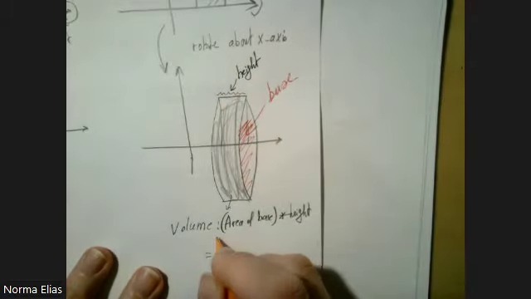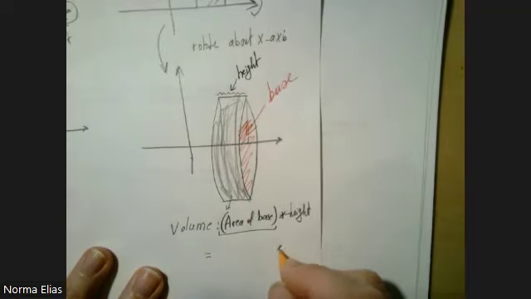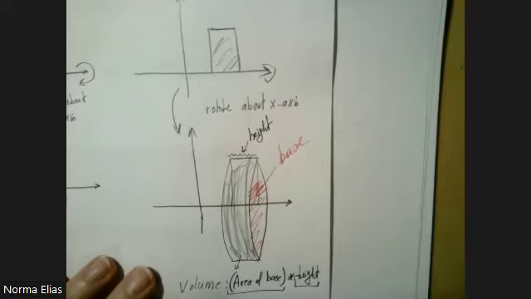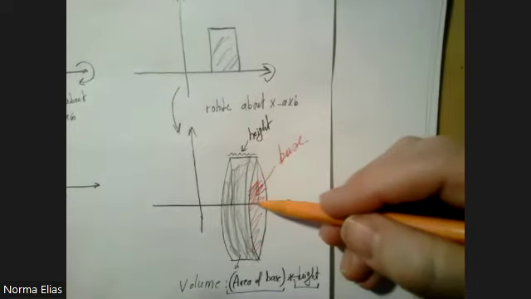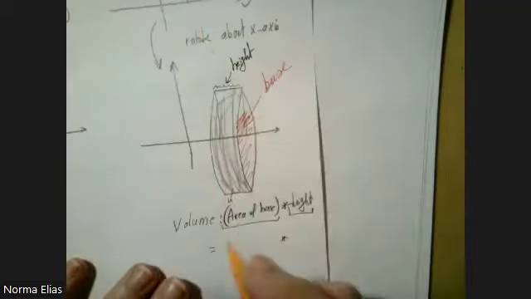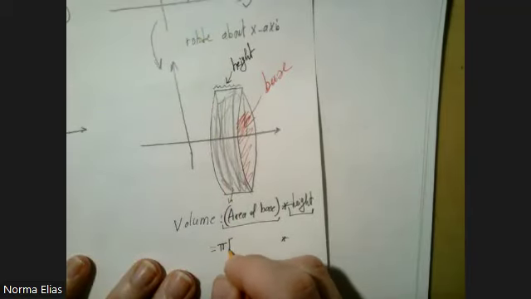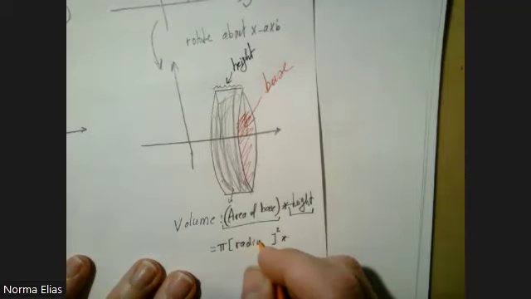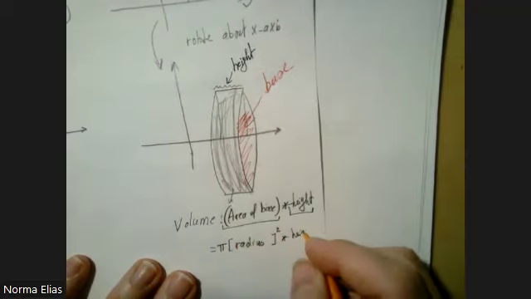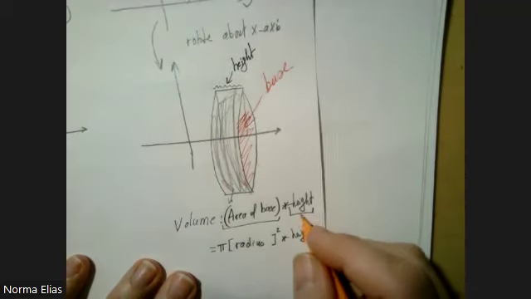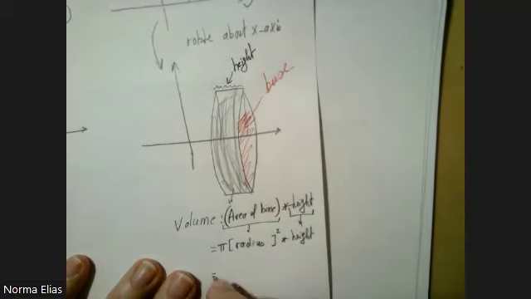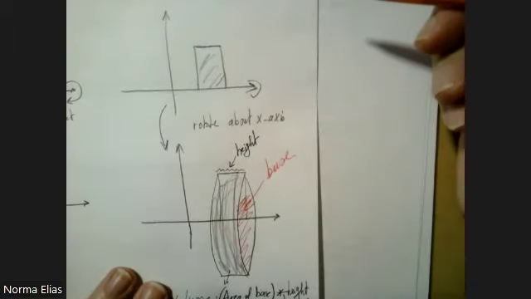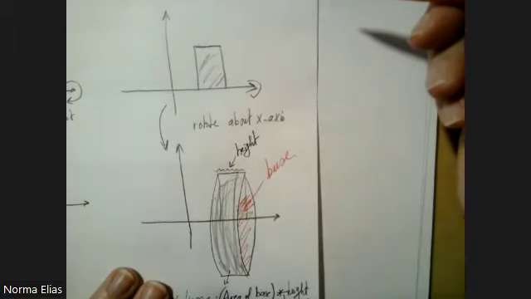So what is the base here? What's the area of the base in this problem? And what is the height? I'm going to take you back to the original picture. The base is a circle. So the area is pi times the radius squared, times the height. If I go back to this initial picture, where is the height and what is the radius?